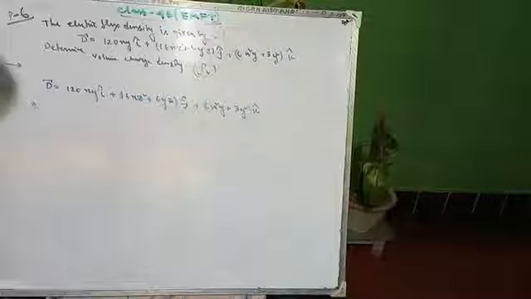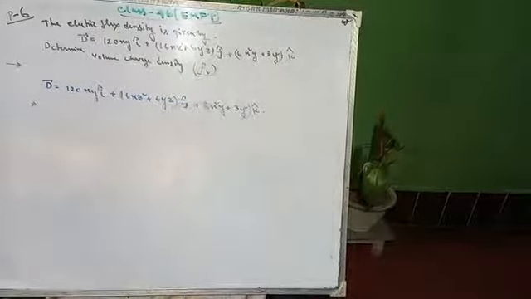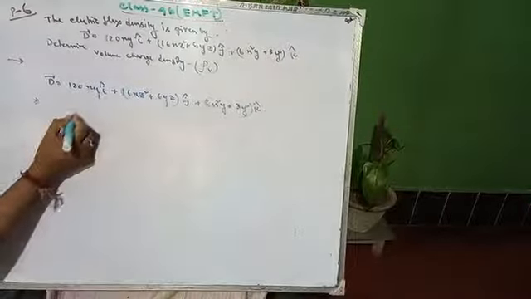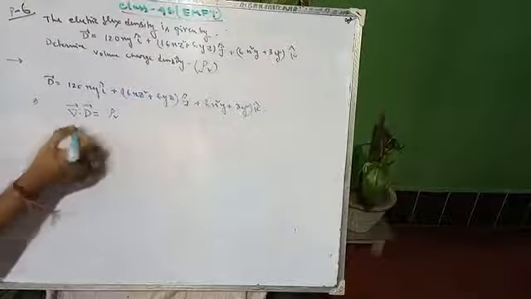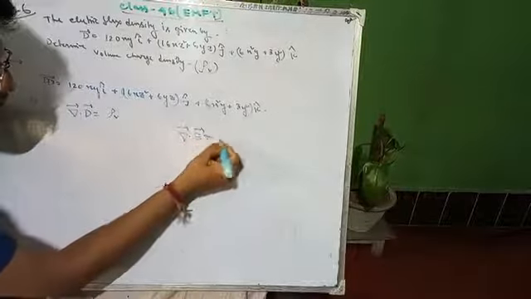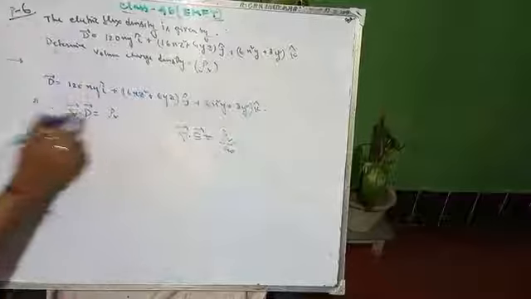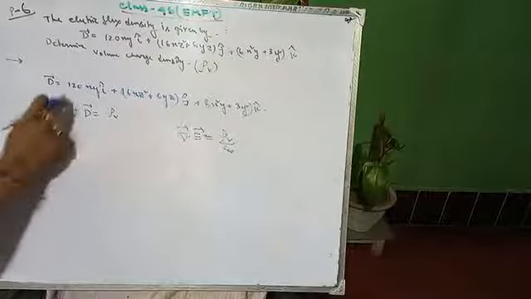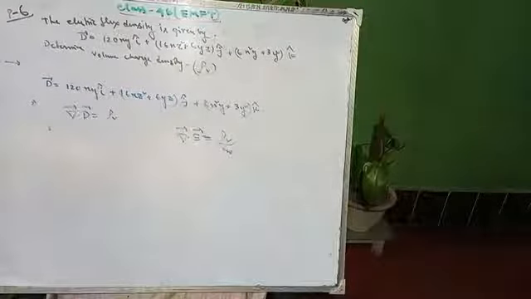From Gauss's theorem, divergence of D equals rho v, because we know the divergence of E equals rho v by epsilon naught. So divergence of D equals rho v only. So you have to apply the divergence over this given density.